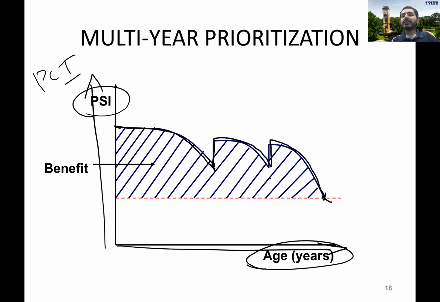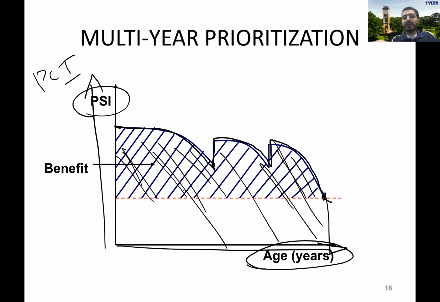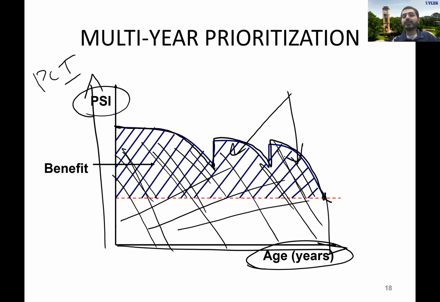Now I'm interested to measure what is the area under that curve. In fact, to be more precise, it's the whole area here. That area is actually the benefit if we were to follow these two treatments, versus if I maybe waited and then applied another treatment. So really, comparing multiple treatment alternatives is done by looking into the benefit, which is the area under the curve.